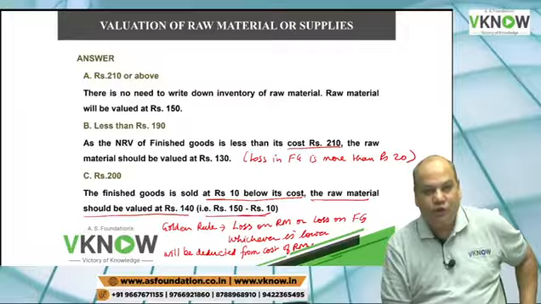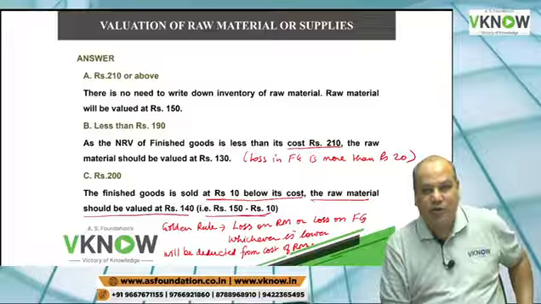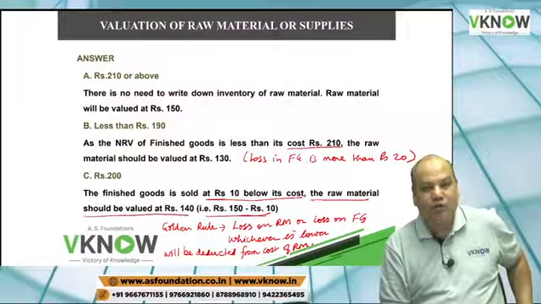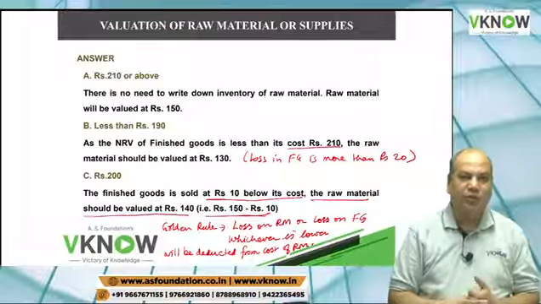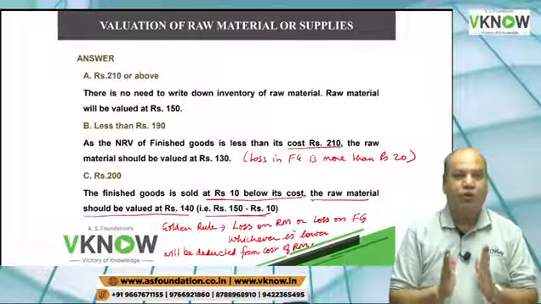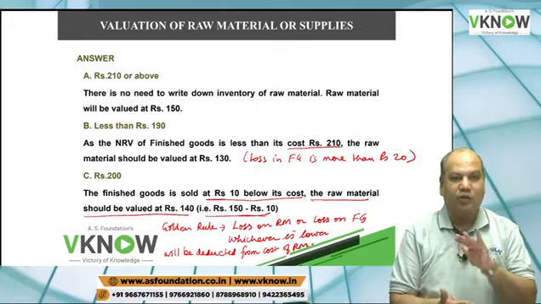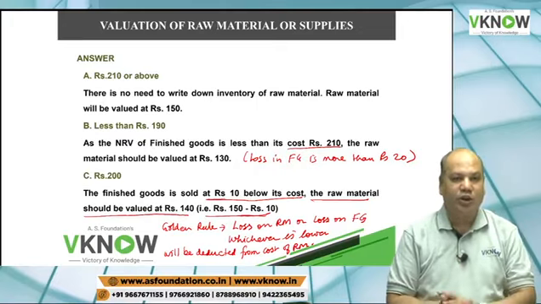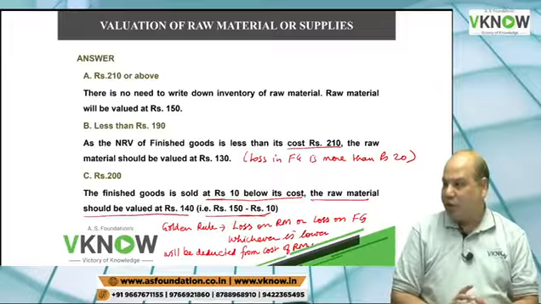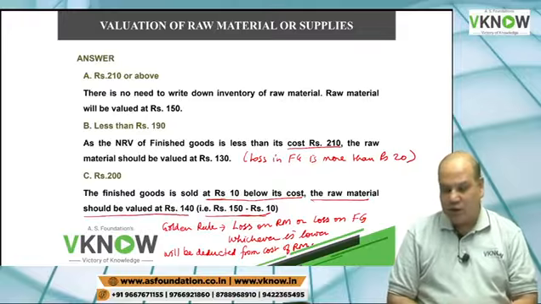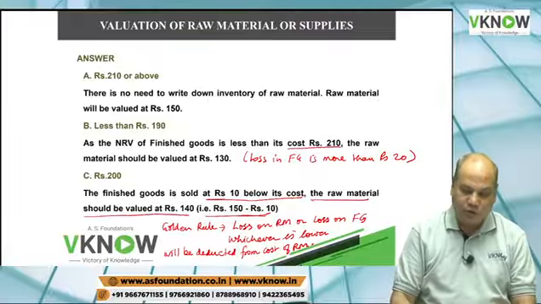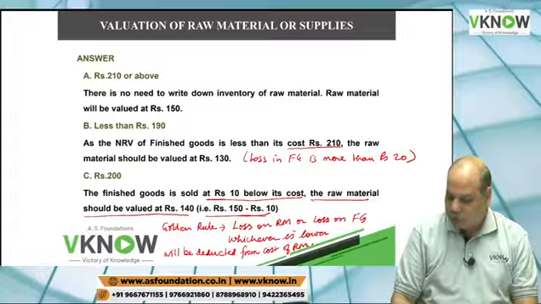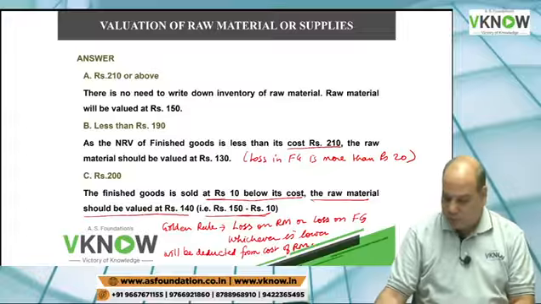If in finished goods the loss is only 10 paise, then only 10 paise will be deducted. But if on the finished goods the loss is 30 rupees, but loss on raw material because of reduction in its value is 20, then I will deduct only 20. In any case, I will not deduct more than 20 rupees from the cost of raw material. So this is about raw material.